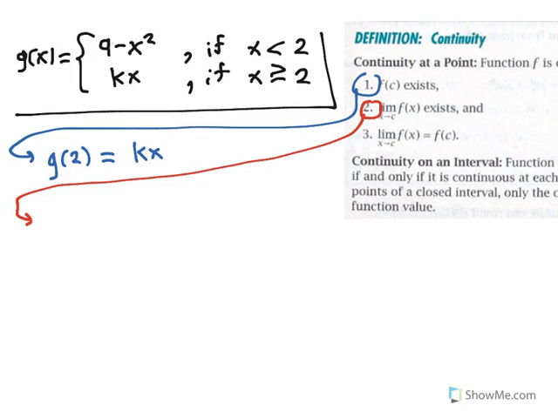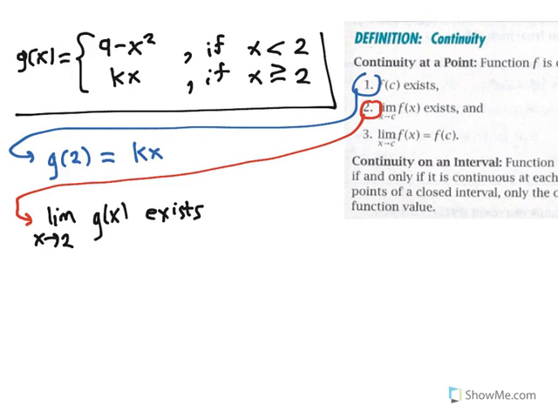So how do I make sure that the limit of g of x as x approaches 2 exists? As we just went over, we need to work with one-sided limits. So now we're going to take a look at the limit of g of x as x approaches 2 from the left and the limit of g of x as x approaches 2 from the right.